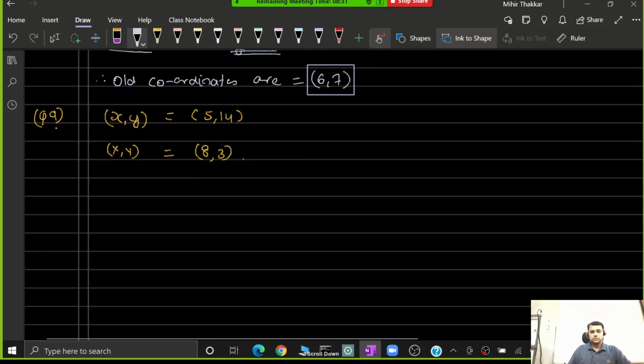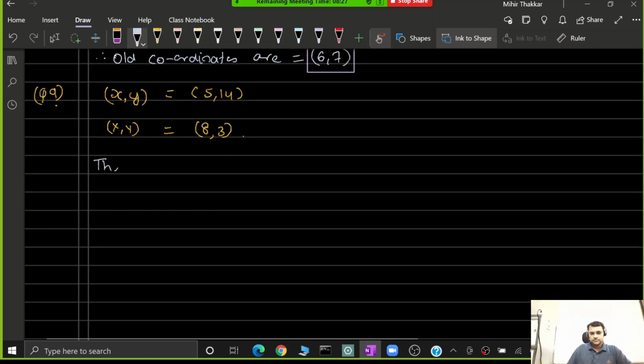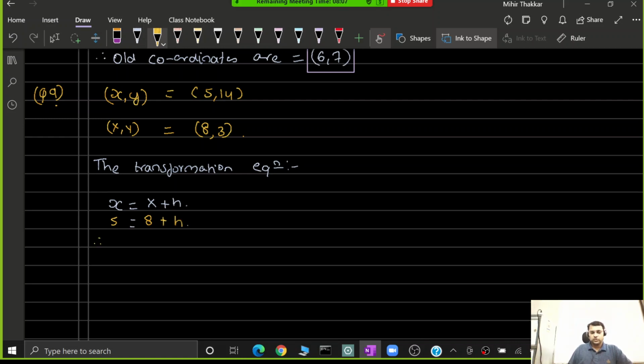Alright, so again the transformation equation: small x is equal to capital X plus h. Substitute the values. Small x is 5, capital X is 8 plus h. So hence your h value comes out to be equal to negative 3. Small y is equal to capital Y plus k.